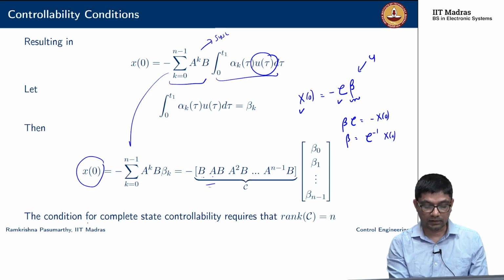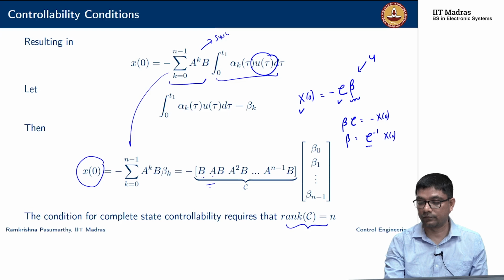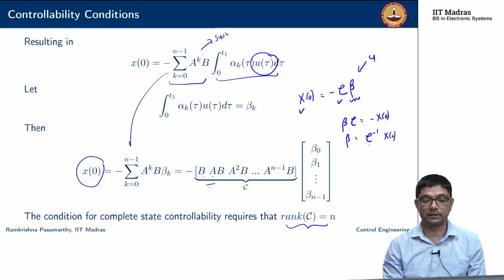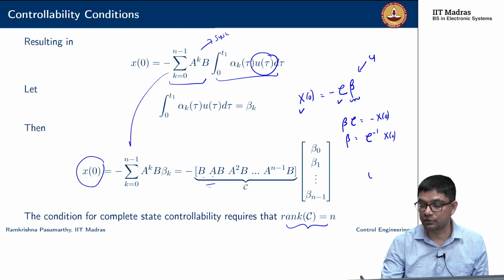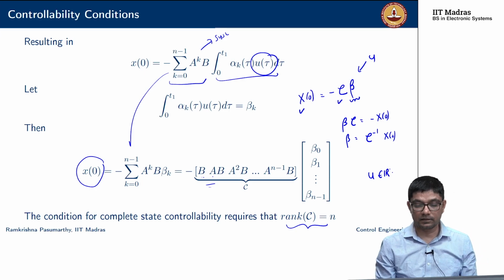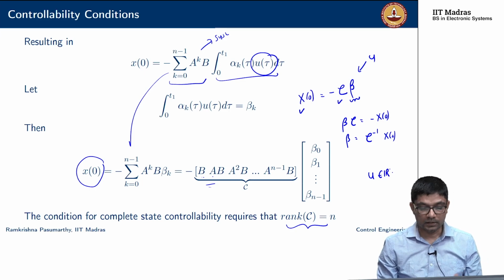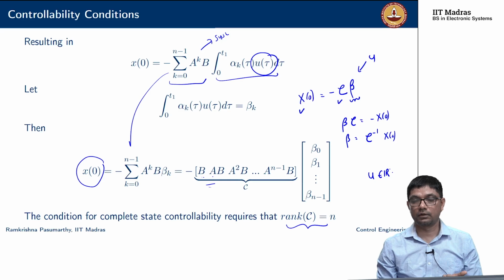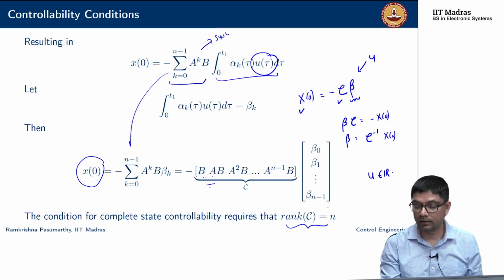So the condition for complete state controllability is that the rank of C equals n, which means the controllability matrix is invertible. Of course, here I'm assuming that this is just a single input system. So the first question of when my system is controllable translates to finding the rank of the controllability matrix.